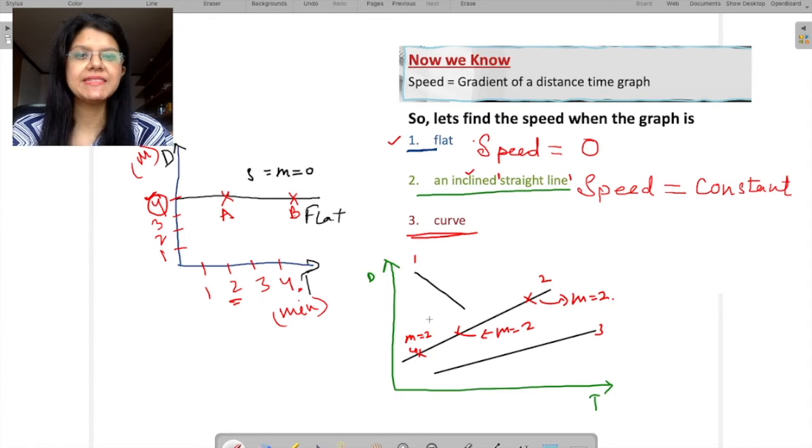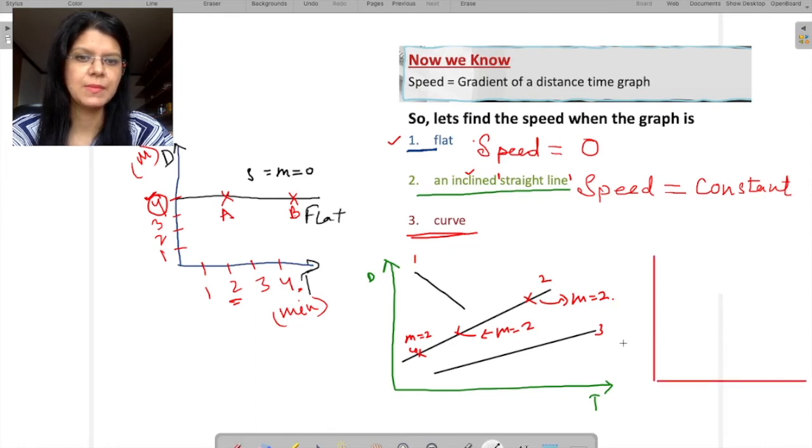What if your distance time graph is a curve? Let us draw the two axes. You have distance on the y, time on the x-axis.